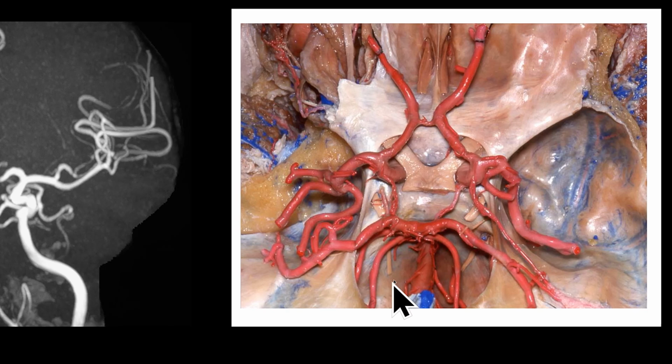Foramen magnum. The brainstem is gone. Here are the nerves that were in the cavernous sinus, oculomotor, probably abducens. And this is the vasculature. This is the circle of Willis. You can't tell because they're all the same color, because they're all arteries.